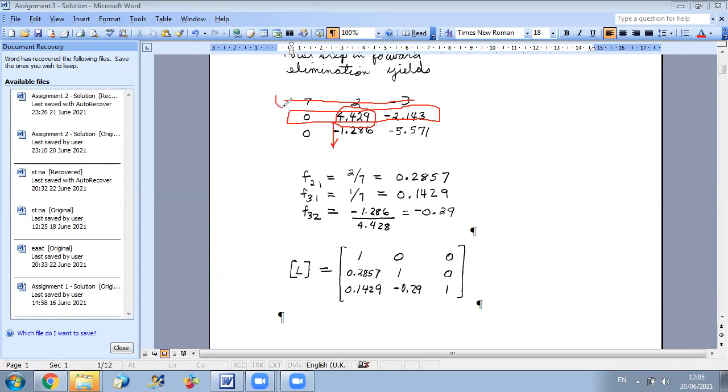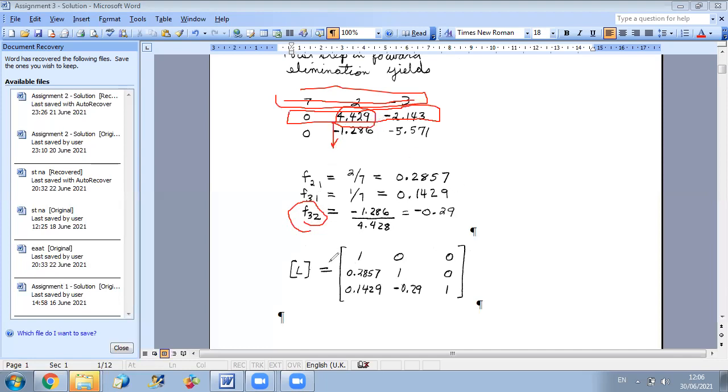So this equation will not be changed. It is frozen, okay? Now, since 4.429 is larger than the absolute value of minus 1.286, I don't need to do any pivoting. And now I can determine my last factor, F32, which is minus 1.286 over 4.429.